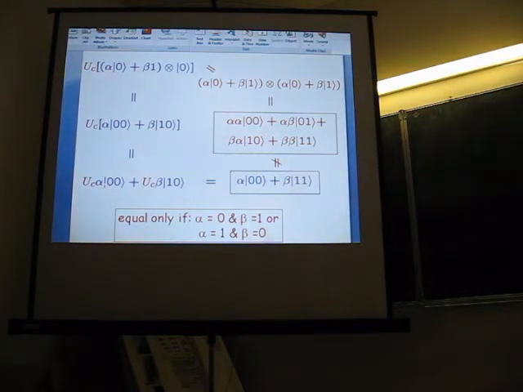So in particular, if I give the first qubit the classical 0, the cloner should give me back 0 0. Cloning a 0 in a 0 state gives me 0 0.